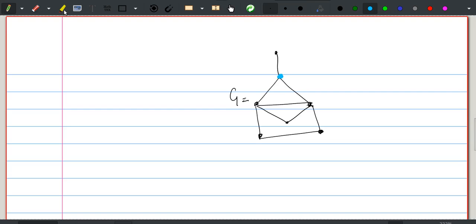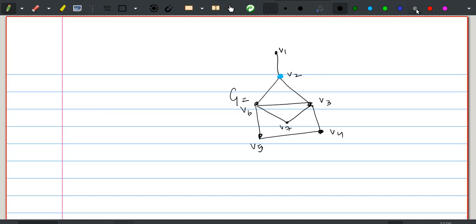Let us first name these vertices: v1, v2, v3, v4, v5, v6 and v7. So what we did, we chose this vertex v2 and we used this color here.